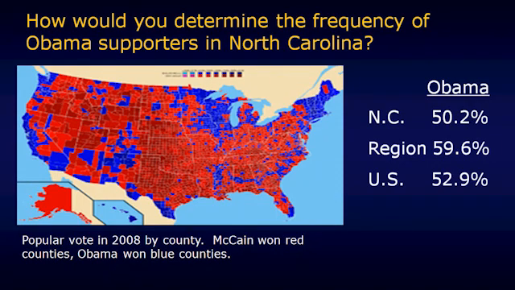Well, if you get that particular bit of data, you would find that just under 53% of those who cast votes in the 2008 election voted for Barack Obama. And hey, that's not so bad from the perspective of wanting to get the right answer. The right answer, again, is 50.2%. We know that because of the way this question has been set up.